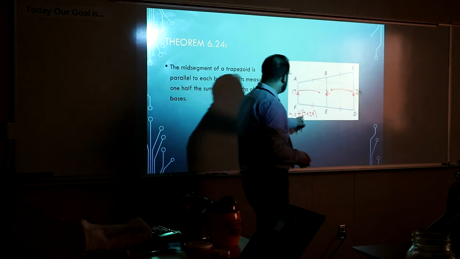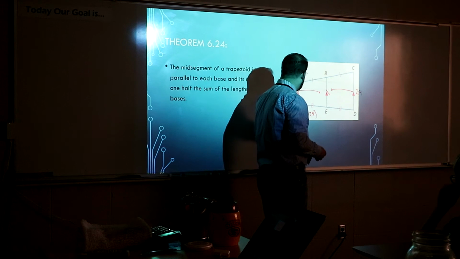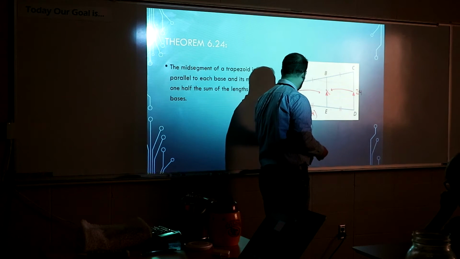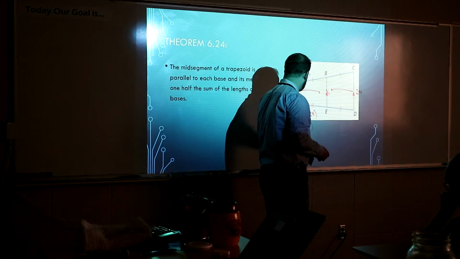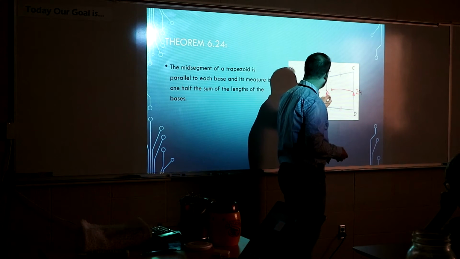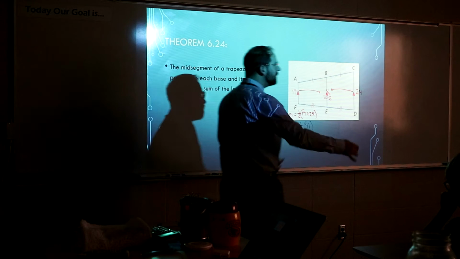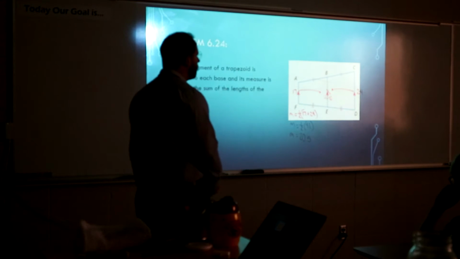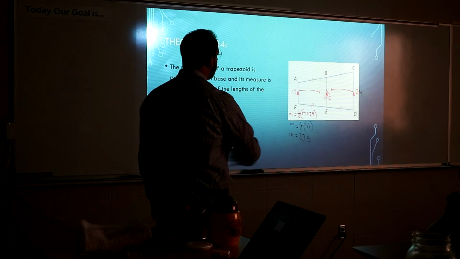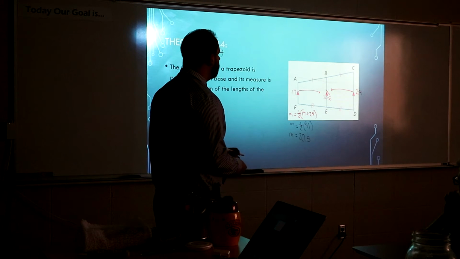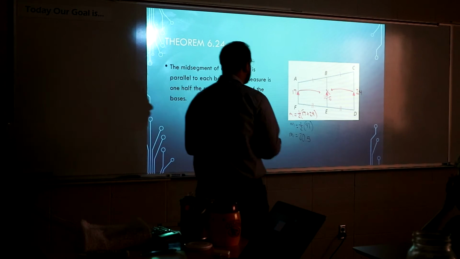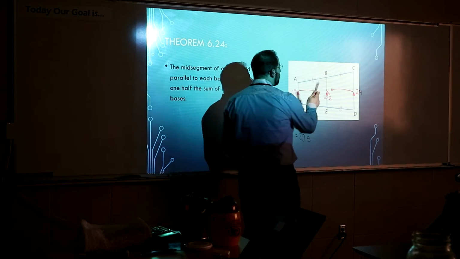But again, if you add these together, what is that? 41. Then you divide by 2, so you get 20 and a half. And that's the number right here. Which makes sense. That's directly in between 17 and 24. It's 3 and a half in, 3 and a half in. So it makes sense. It was 20 and a half. Now, if the numbers are nice and pretty, there's an easier way to find it. But again, that's how you find midsegments.